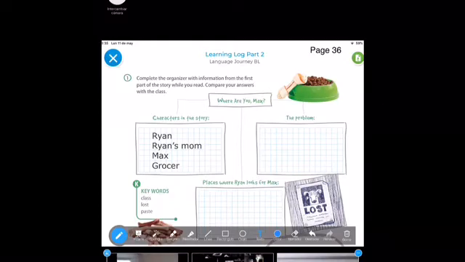Now, let's continue with number 2. Places where Ryan looks for Max. What places, guys? Natalia, do you have an idea, Nati? What places where Ryan looks for Max?